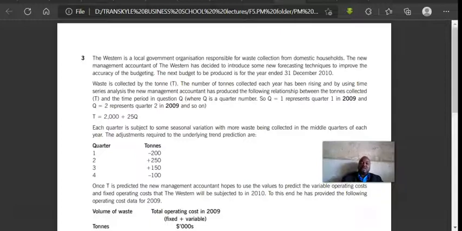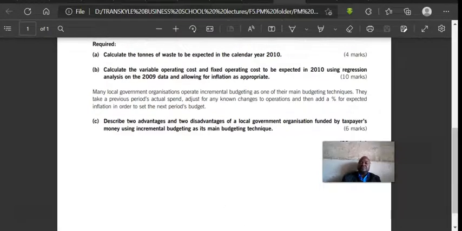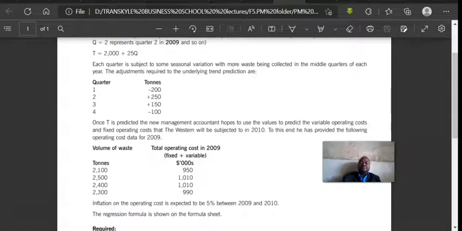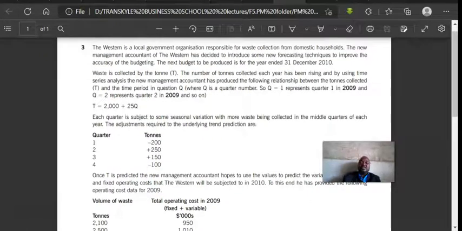The adjustments required to the underlying trend predicted are these, ladies and gentlemen, as you can see, and we have been told that during the middle parts of the year, the middle quarters, there is higher activity, and that's what the examiner is hinting at. These are the middle quarters, 2 and 3, where there is a lot of activity.